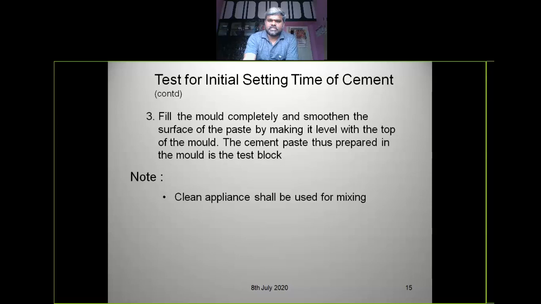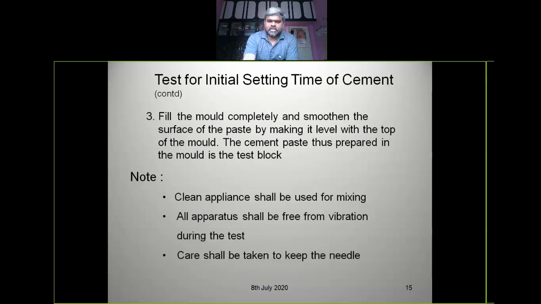The cement paste thus prepared in the mold is the test block. A clean appliance shall be used for mixing. All apparatus shall be free from vibration during the test. Care shall be taken to keep the needle straight.